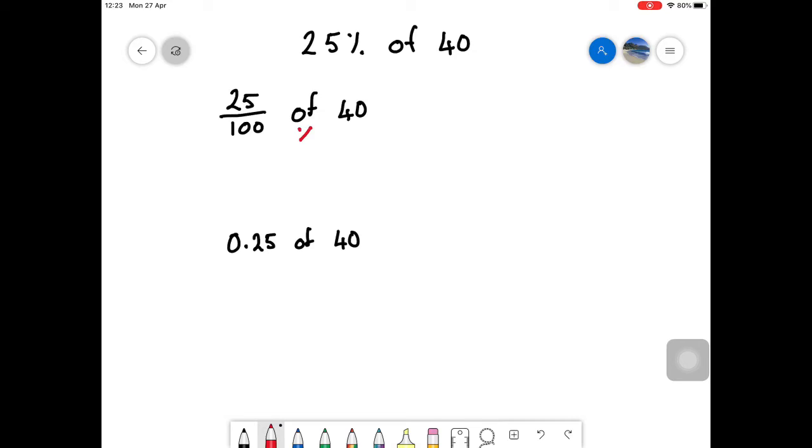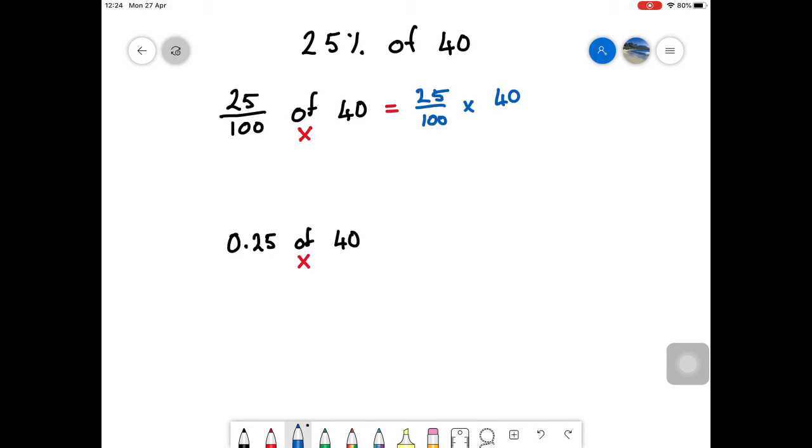We looked last term at the fact that the word of means multiply. So 25 over 100 times 40, or 0.25 multiplied by 40. Now I can do that as a fraction, 25 over 100 multiplied by 40.